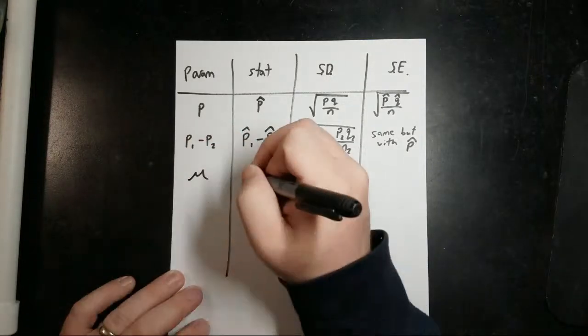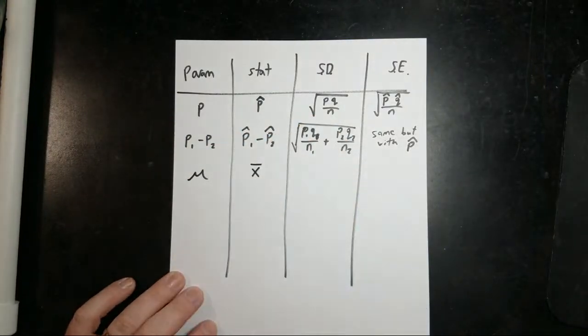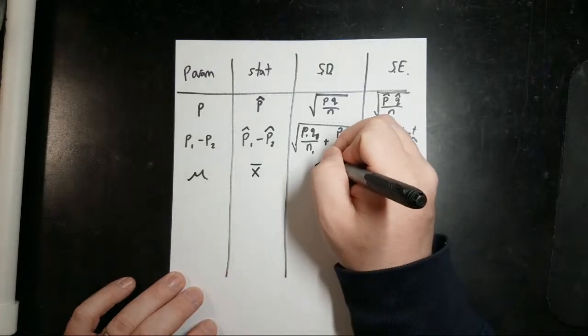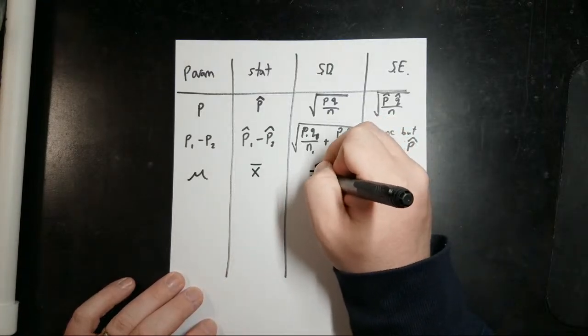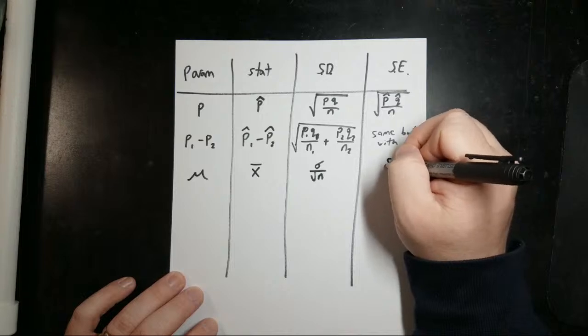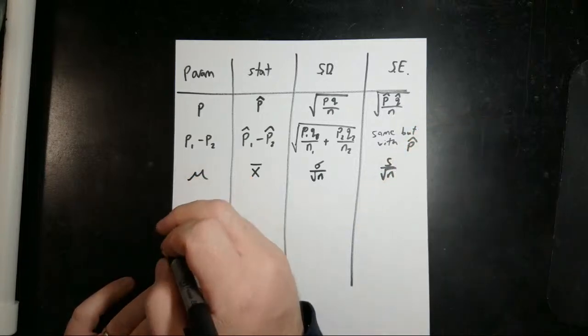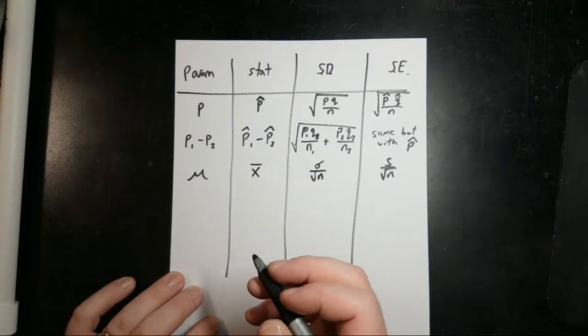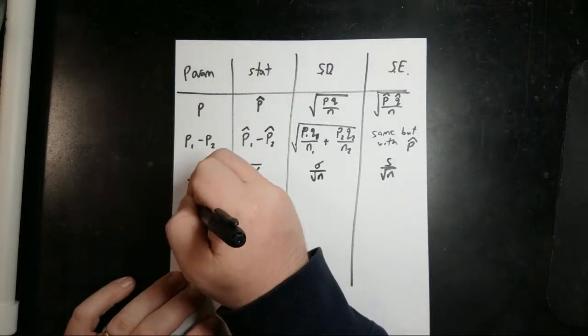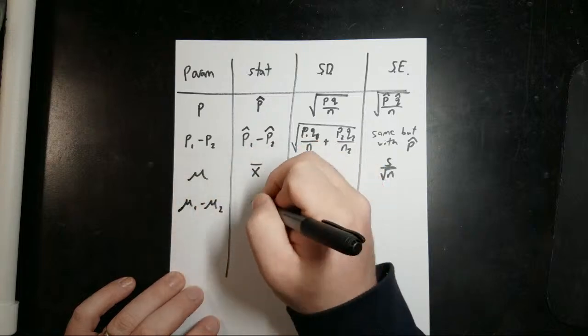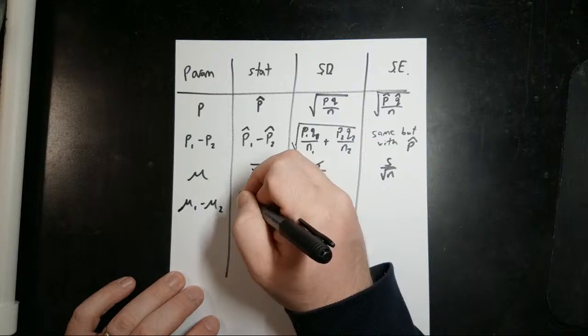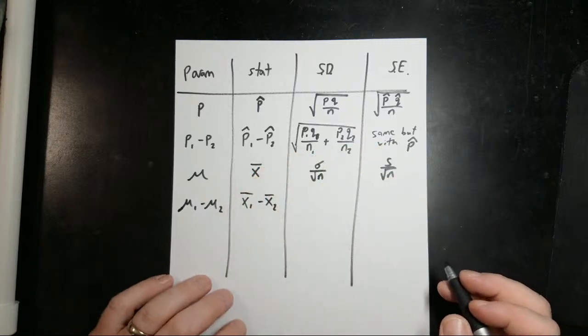Parameter for mu would become x bar for the statistic, the standard deviation if you had sigma, the population sigma, or if you didn't have the population sigma. The differences would be very similar. I'll just write those out here. If you were trying to find the two sample, depending on whether or not you have the samples there, of course, for the interval.